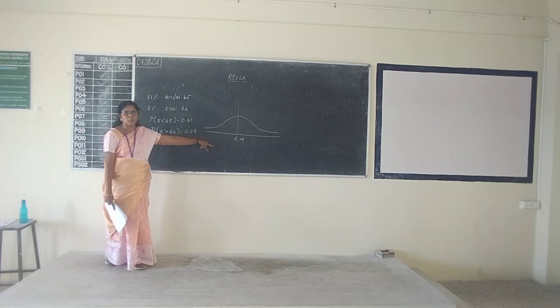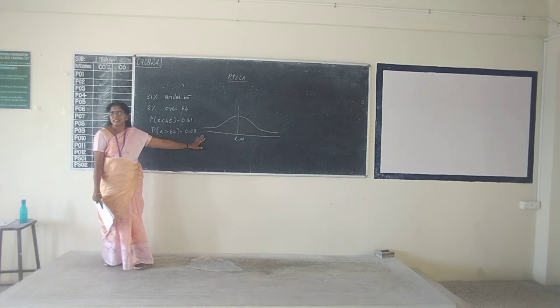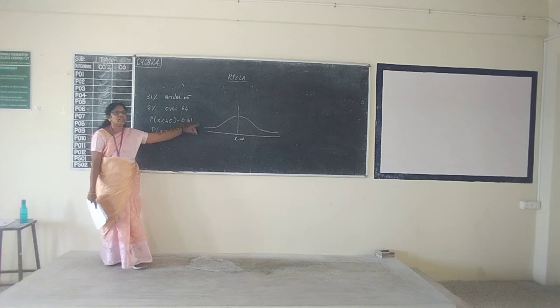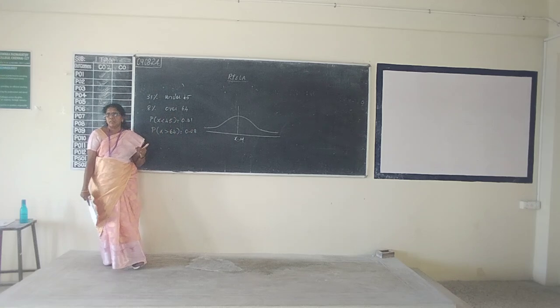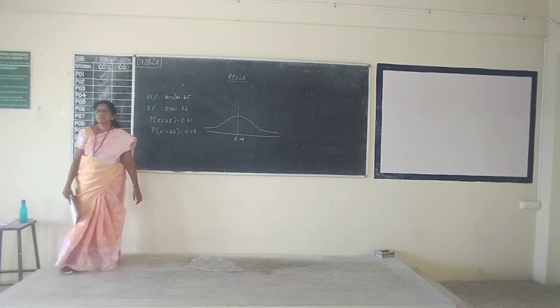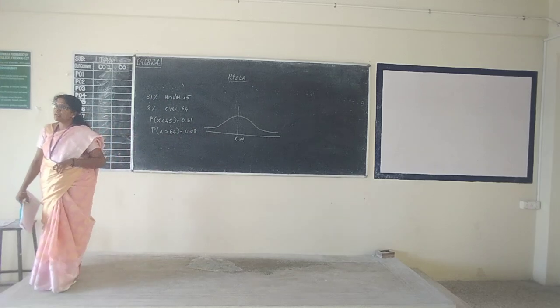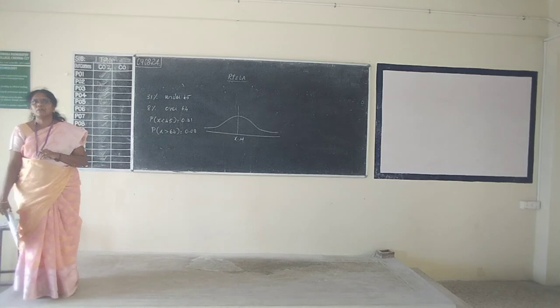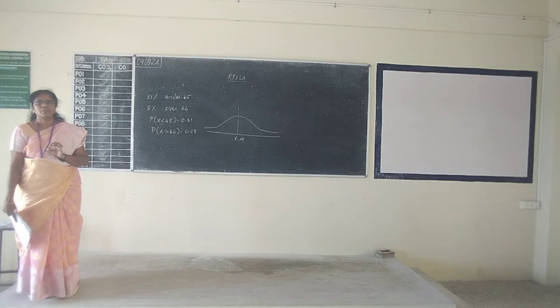We don't know what mu is now, there is an unknown. So we decide only with the area value and the concept of what is given. What is the percentage area given? 31% below 45. So do we mark 45 on the left hand side or the right hand side? What is the total area value? 1.